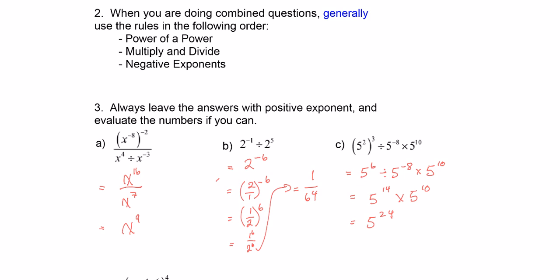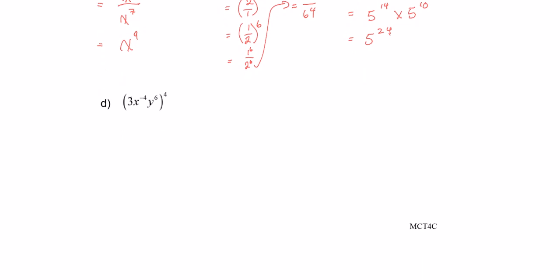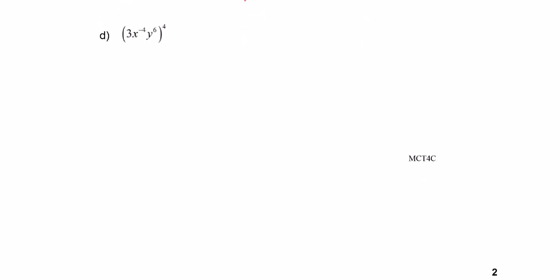Now, let us move to question D on this page. Question D has a peculiar problem. We have a mixture of power of a power, negative exponents, and powers without bases with no exponent.